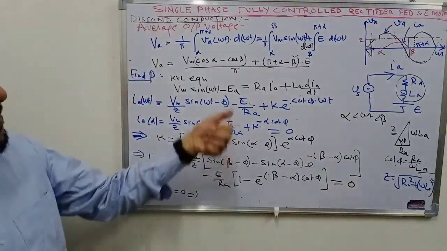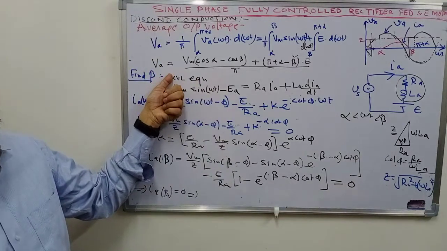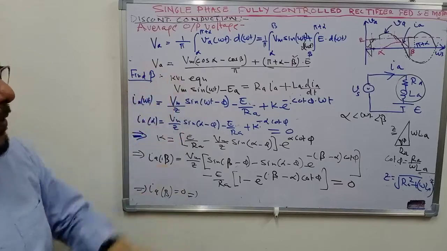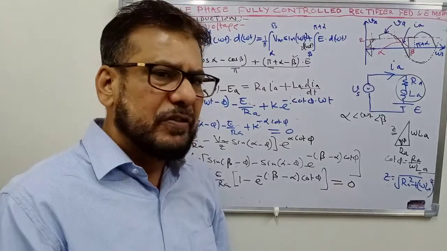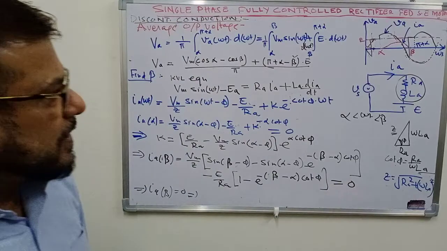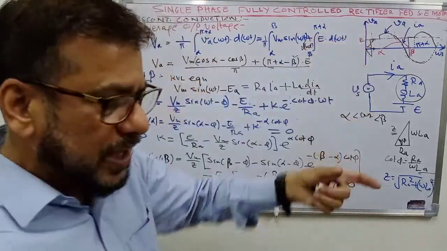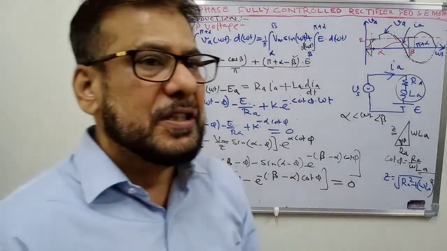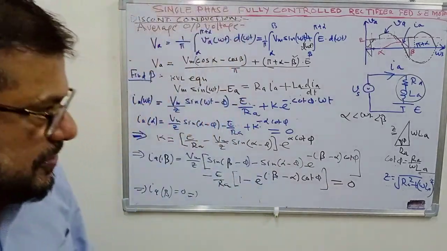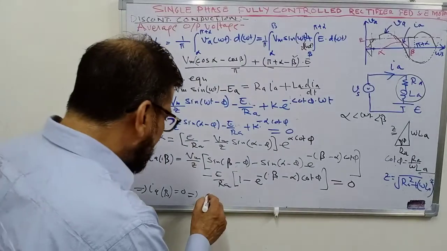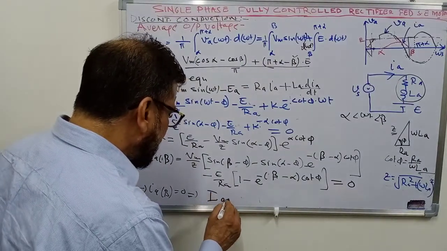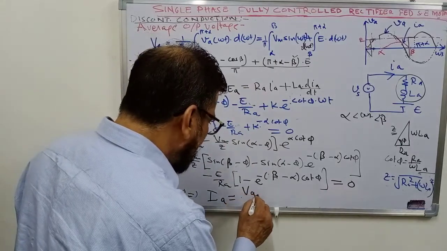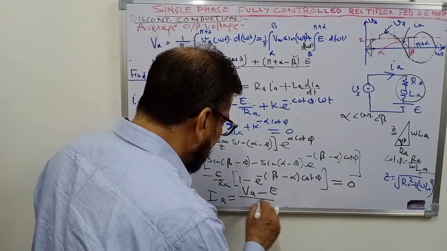Knowing beta, you can find out the average value of output voltage. Once you know the average value of output voltage, you can apply Kirchhoff's voltage law for average values, and you can find the average current flowing in the motor, that is average value of voltage minus E upon RA.